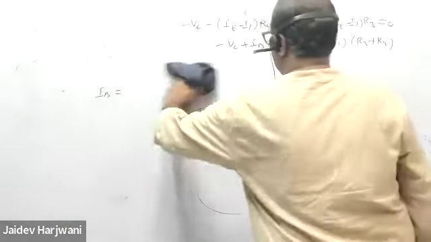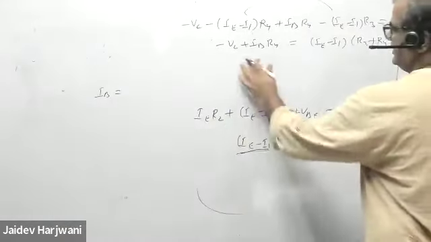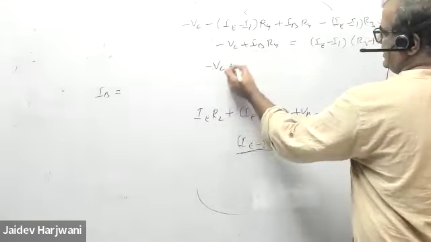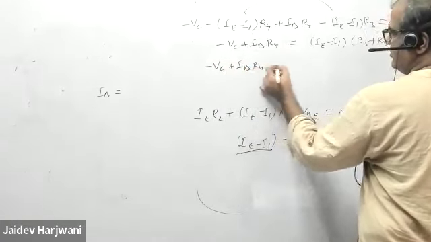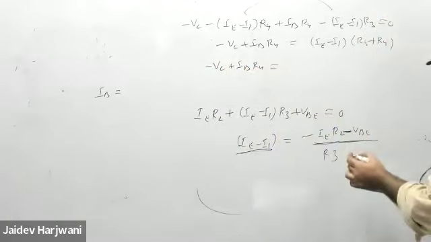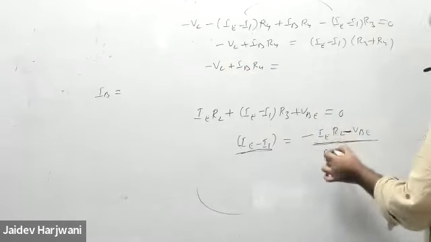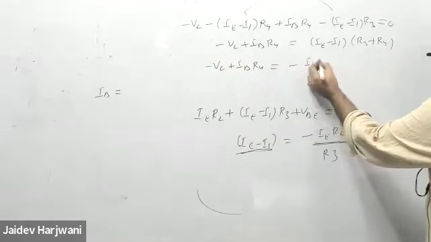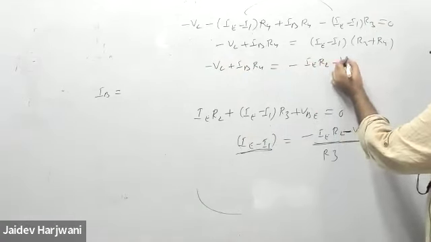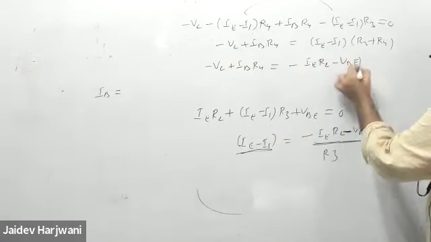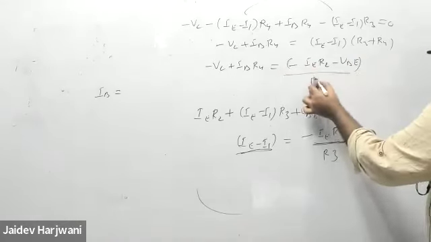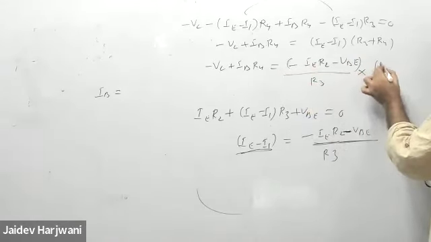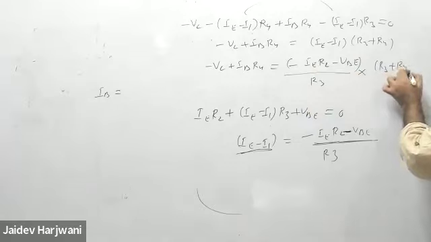And this is minus VC plus IB R4. Okay, I'm putting the value of this one here, minus IE R2 minus VBE upon R3 into R3 plus R4.